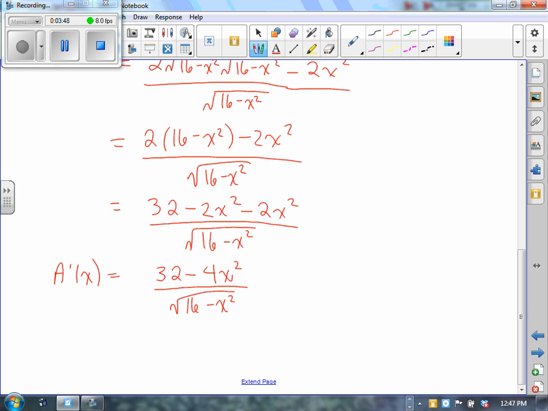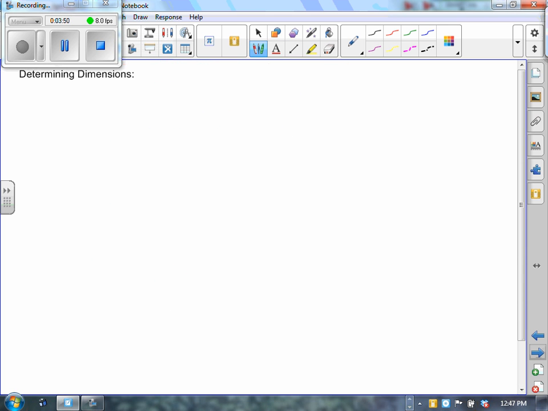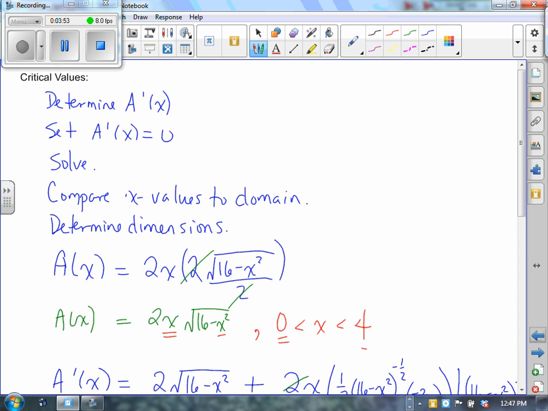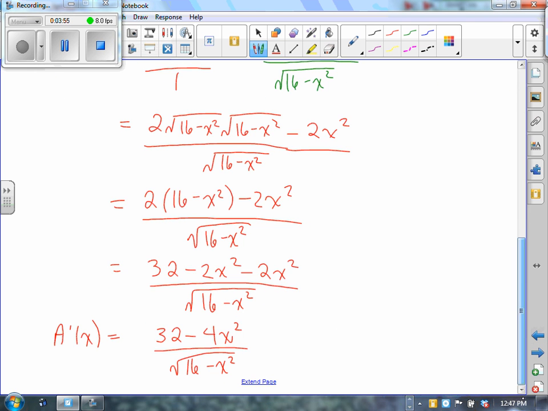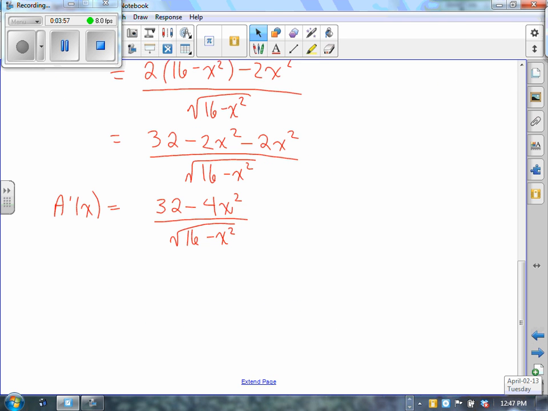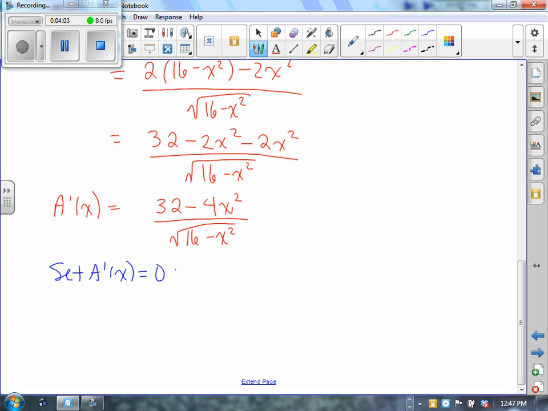So at this point in time, what we need to do is to find some critical values. Let's do that. So for our critical values, we're going to set A prime at x to 0 and solve. Now remember that the only way to zero out a rational expression is to simply look at the numerator.